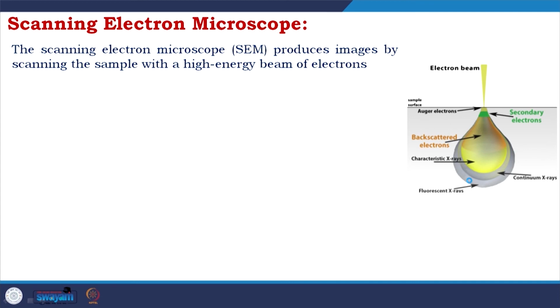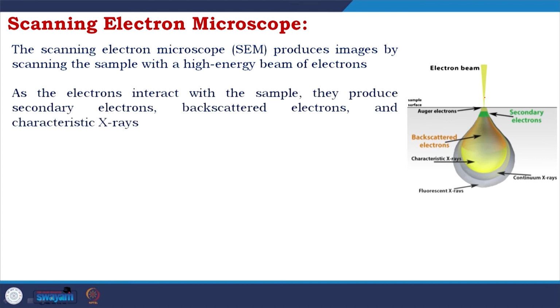So, this is a high energy beam of electrons, and it comes and hits the surface, and when it hits the surface, there are different effects like fluorescent X-rays, continuum X-rays, characteristic X-rays, backscattered electrons, auger electrons, and secondary electrons.